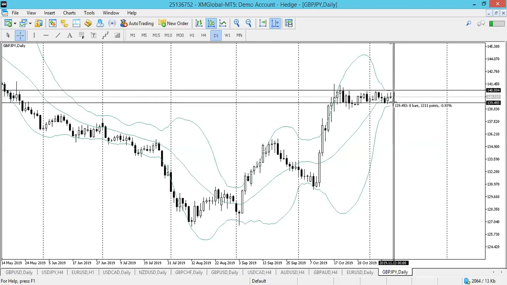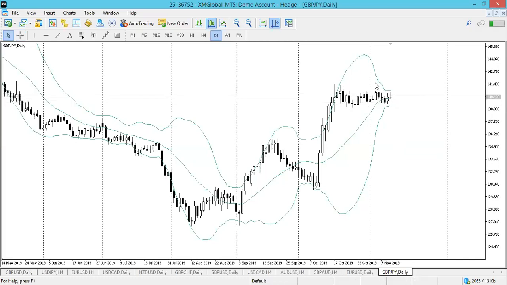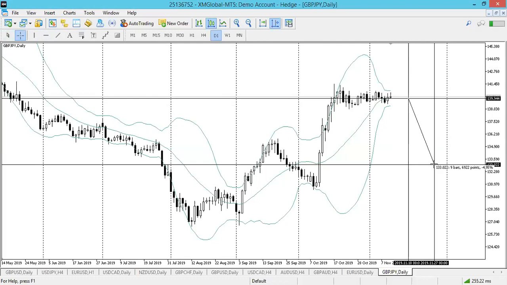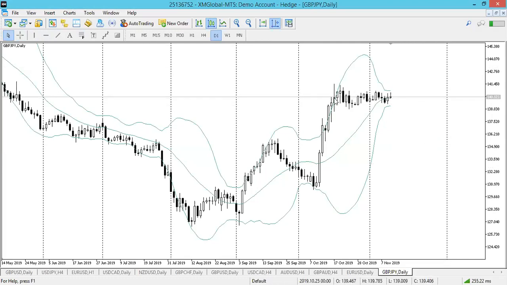So napakanipis ng area. That shows extreme consolidation in the market. And inevitably, the market would break out either to the top side or to the downside. Yan ang normal way ng pagbasa nung Bollinger Squeeze. That's the actual term for that.